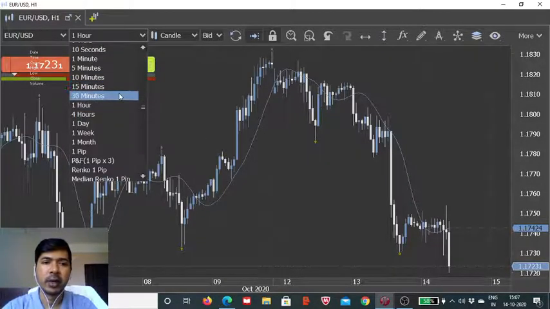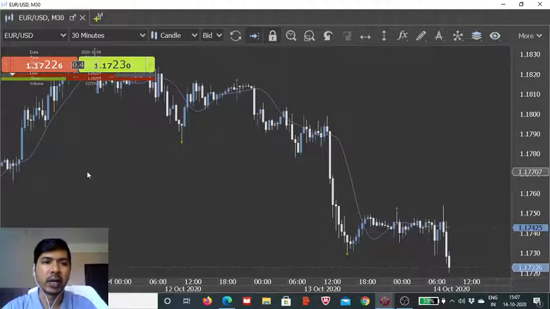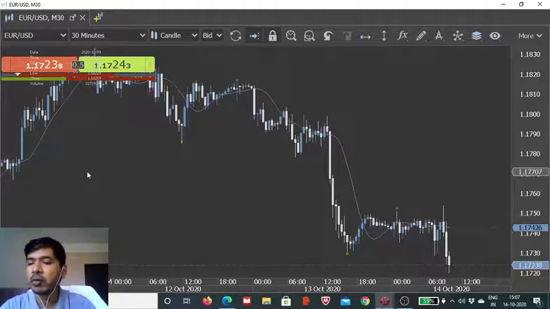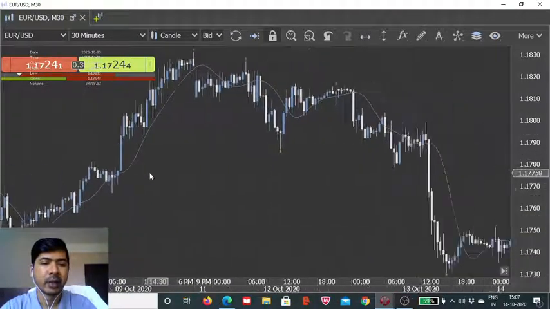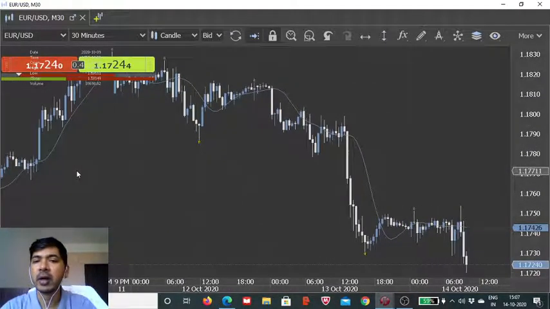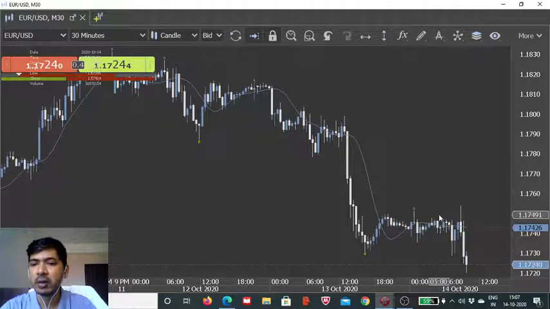And if we again change the charting to 30 minutes, as we have taken 30 minutes as our choice for the calculation of the candlesticks period, here we have the plotting being done on the 30-minute time period, while the total candlesticks being taken into consideration for calculation of this Butterworth filter are 20.